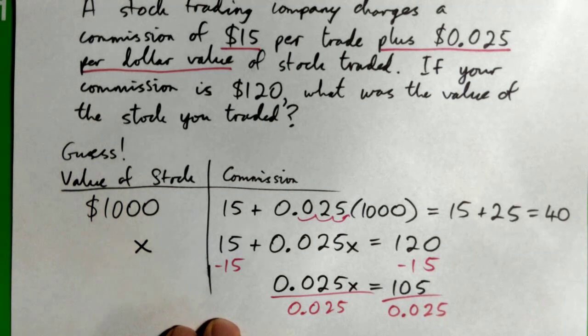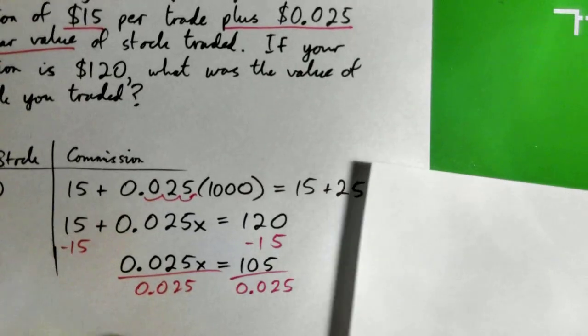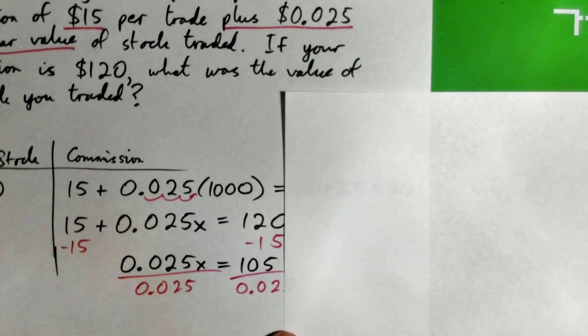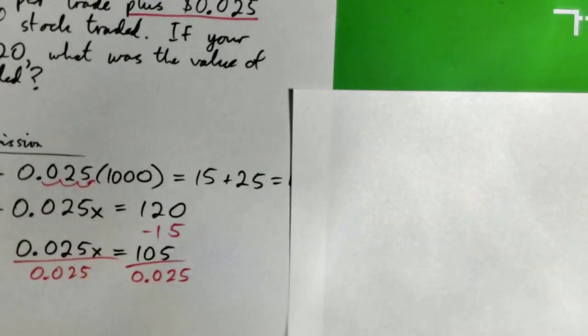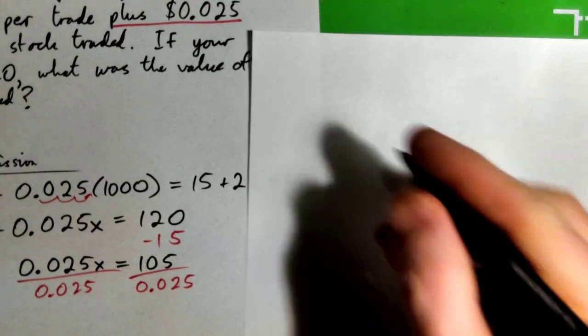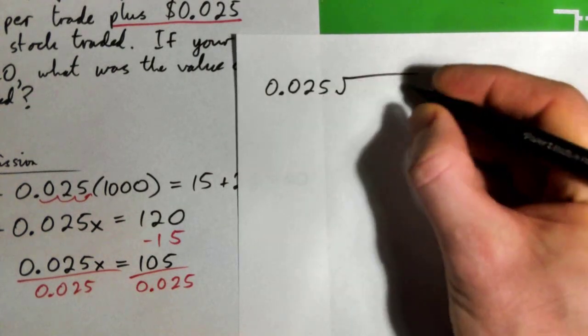Now we do have a bit of work to do on the division, because it's 0.025 into 105.